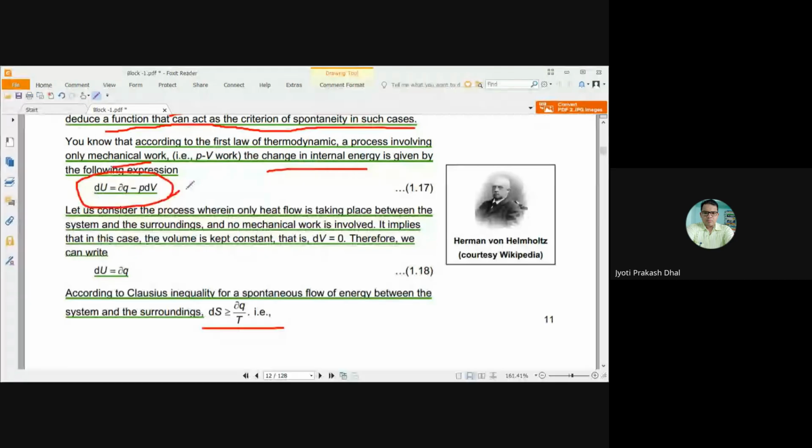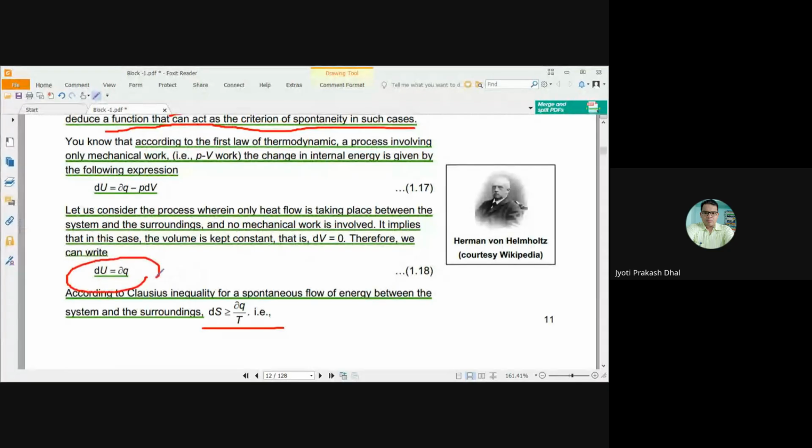Now let us consider the processes where only heat flow is taking place between the system and surroundings and no mechanical work is involved. So if no mechanical work is involved, that means the system will not undergo any type of compression or expansion. Then the P dV term will be 0, and if only heat is exchanged between the system and surroundings, then the change in internal energy dU equals dq.